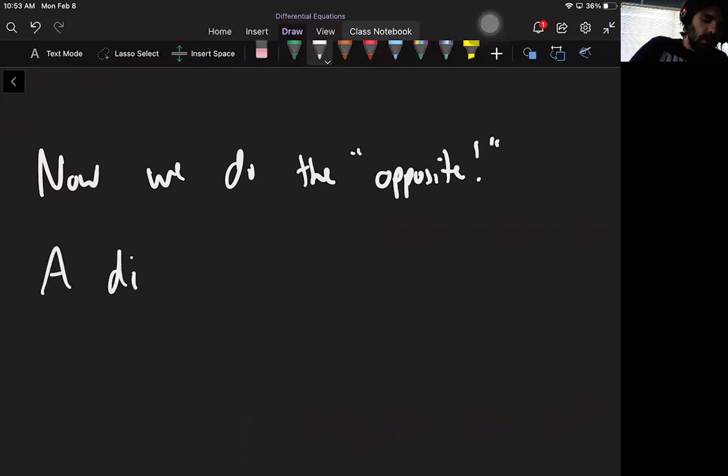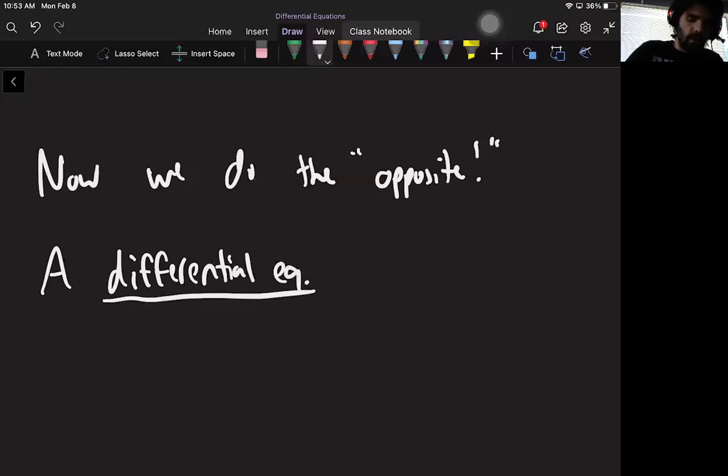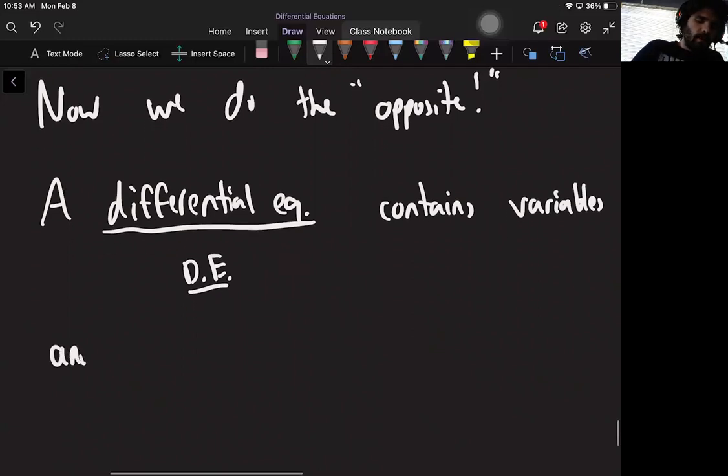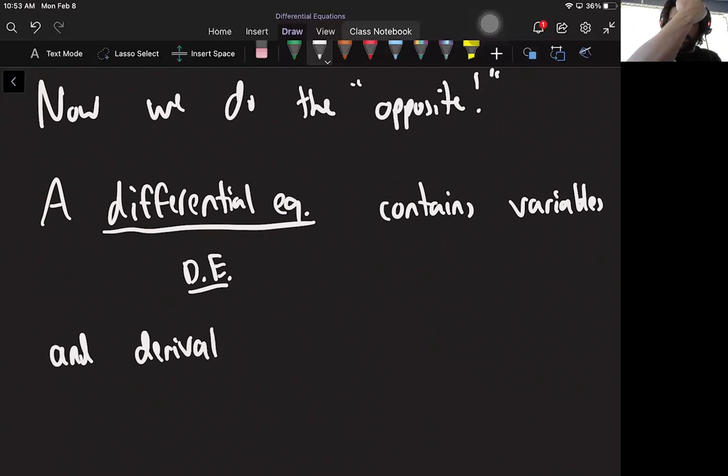So a differential equation, I'm just going to call it a DE often because I'm too lazy to write the whole thing, is just an equation that contains variables like x and y, but it could also have more variables and derivatives. So it could also have second and third, fourth, and however many derivatives you want. I just talked about first derivatives for right now.